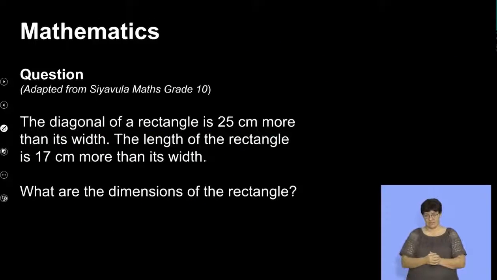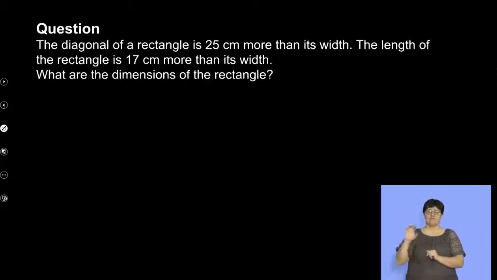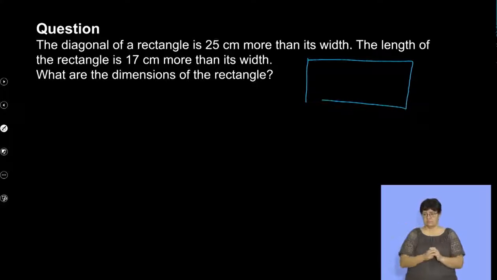Then the last question now is the diagonal of a rectangle is 25 centimeters more than its width, right? So I'm just going to go to the next slide where I actually have the diagram to show you. Now, if I draw my diagram quickly of this, I will have that there.